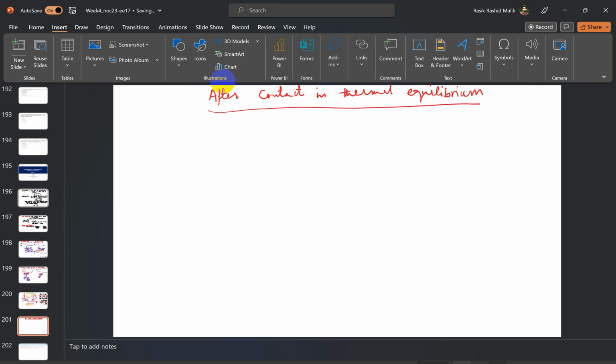We have to draw the common position of the Fermi level.